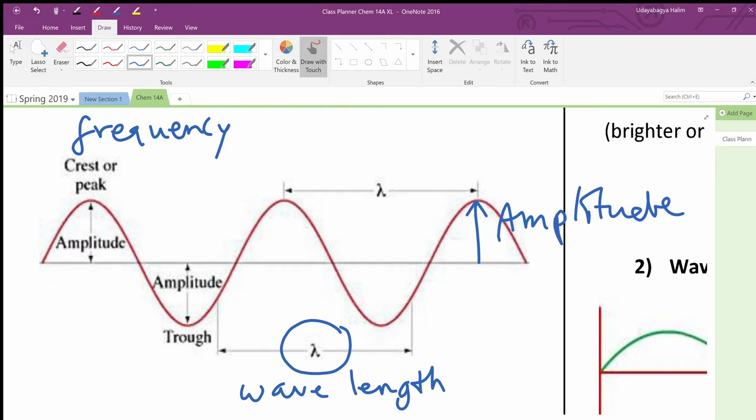If I look from this point here to a repeating unit right here, then the distance is the wavelength. Because the wave is fairly uniform and repetitive, the distance from one place to the next is always equal to the wavelength. So the wavelength is how long before this oscillation changes sign from positive to negative, top to bottom, and repeats itself. And the frequency is how fast they're changing.